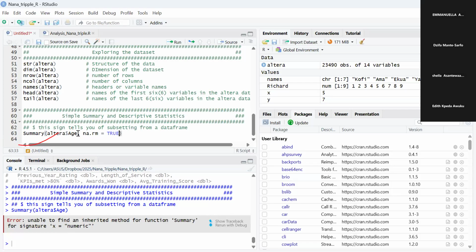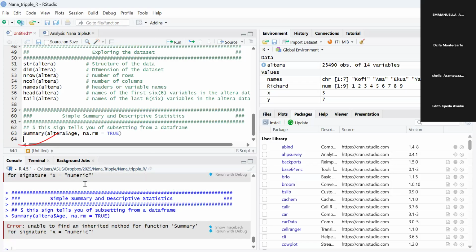Right? X is non-numeric. Let me just check my data again.